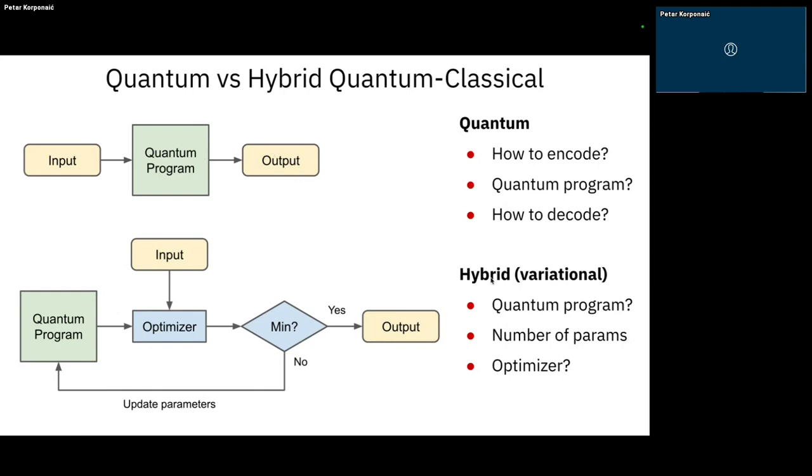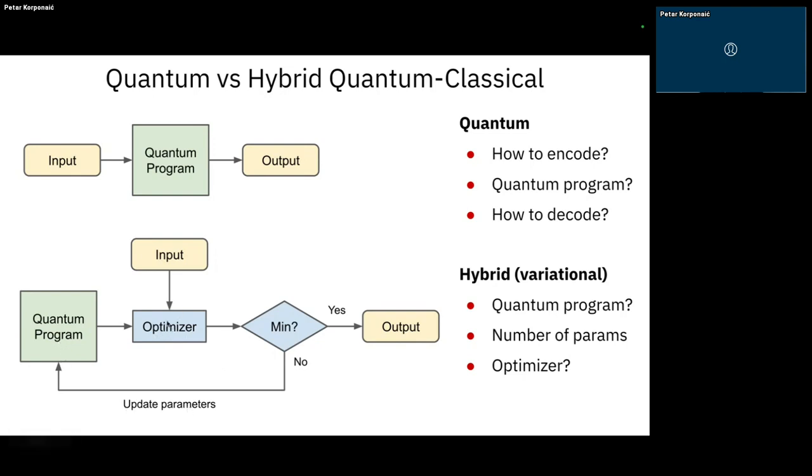With the hybrid approach, the quantum program is also challenging because we need it to be as efficient as possible, but we are not writing a quantum program specifically for the use case. We are only writing a so-called ansatz, which is a quantum program which can give us any unitary matrix which we can use for calculating our problem in the optimizer. The problem here is the number of parameters, because a quantum program with many qubits has many parameters.